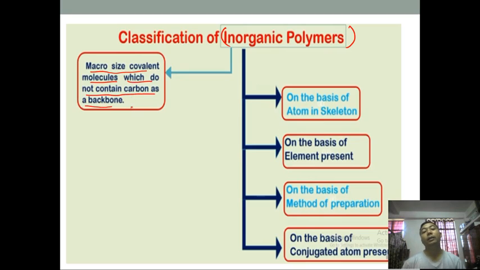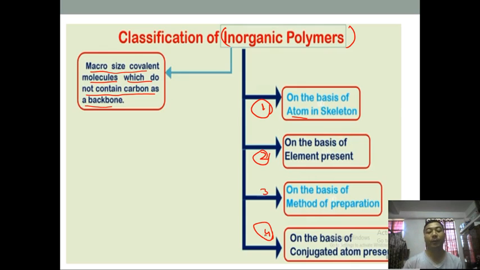They are classified into four categories: on the basis of atoms in their skeleton, on the basis of elements present, on the basis of method of preparation, and on the basis of conjugated atoms present. So these are the four main classifications of inorganic polymers.